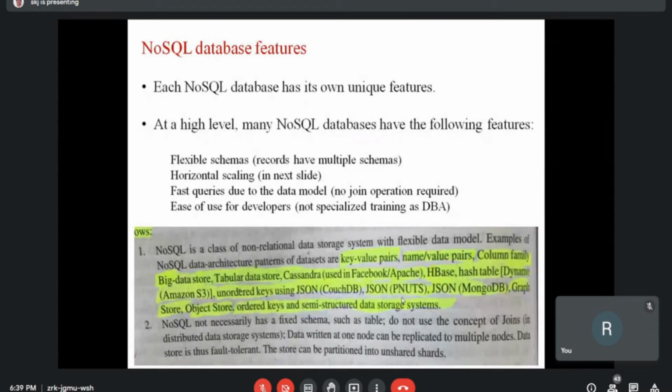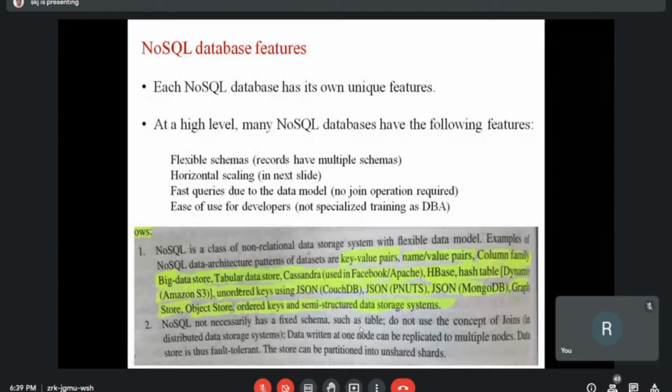NoSQL does not necessarily have a fixed schema.